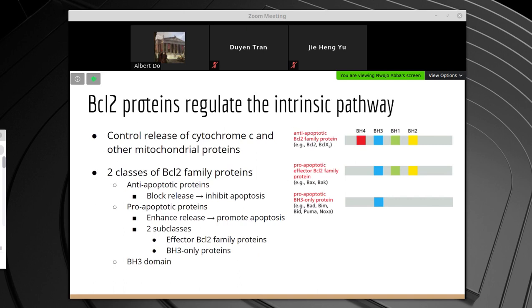The two subclasses of pro-apoptotic proteins are effector proteins, whose main proteins are BAX and BAK, and BH3-only proteins, which is the largest subclass of BCL2 family proteins. The BH3 domain, shared by all classes, is what mediates the interactions between the two classes of BCL2 family proteins.